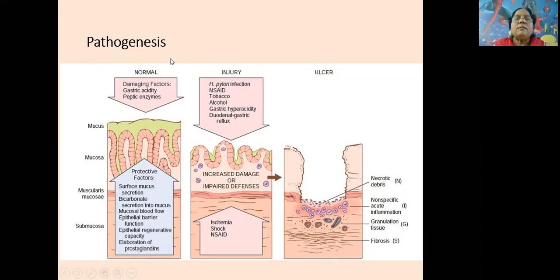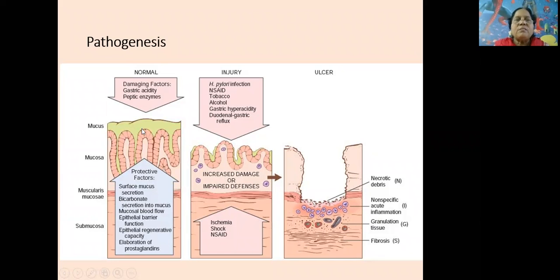So how does the pathogenesis occur? So for pathogenesis, this is the normal structure as we saw. And what are the protective factors in the epithelium or in the stomach wall? It is the surface mucus secretion, a layer of mucus coating the mucosal cells.